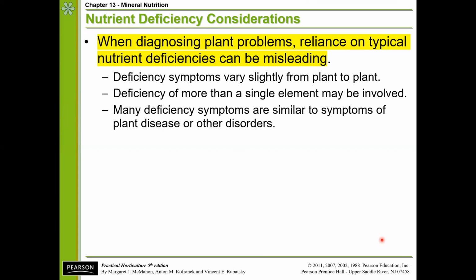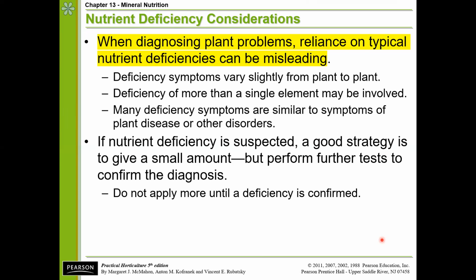And also many of these symptoms are similar to the symptoms of pests and disease. So knowing them, I think really knowing your crop best and what these look like are the best ways to be able to easily diagnose nutrient deficiencies.